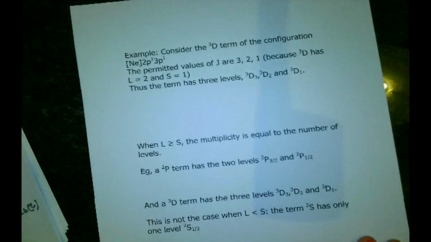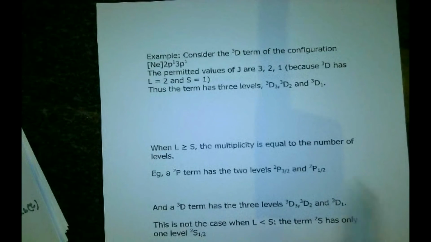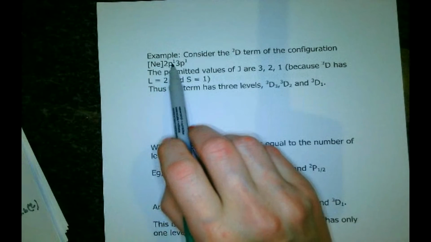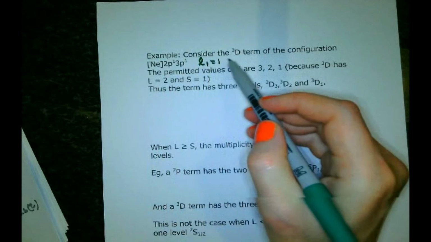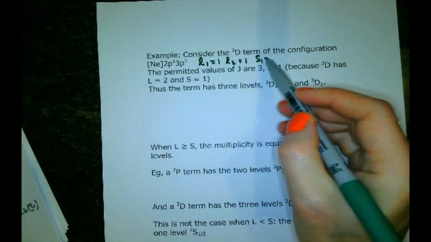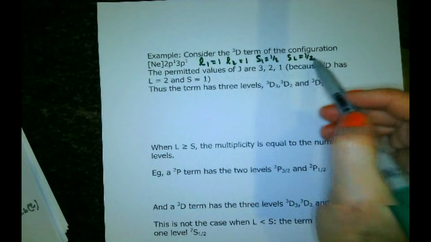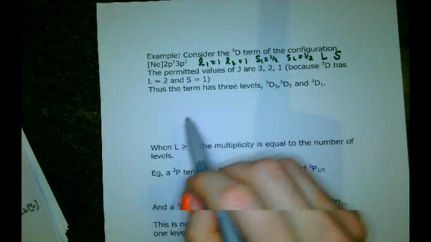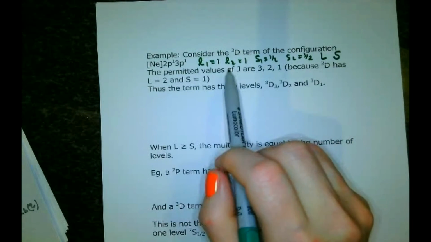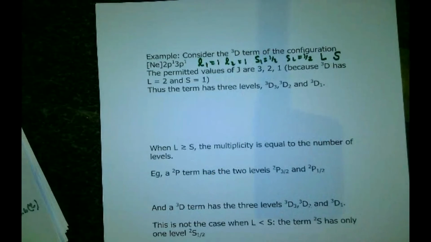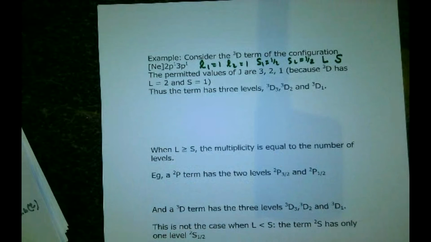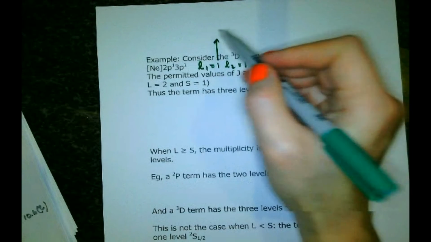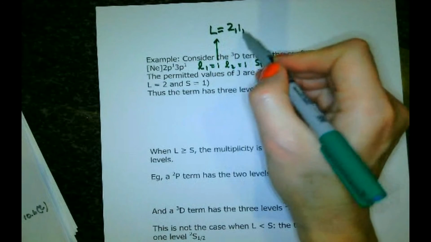So let's go back to an example that we have looked at before. If we have this configuration, 2 p electrons, L1 would be 1, L2 would be 1, S1 would be a half, S2 would be a half, so you can get L and you can get S. In this case, we are looking at only one combination of L and S. If you look at the combination of L's, you will find that L is equal to 2, 1, 0.